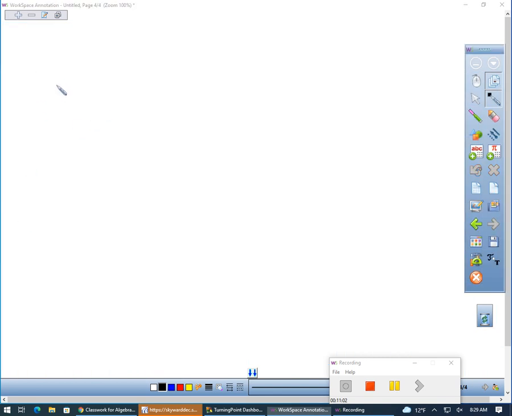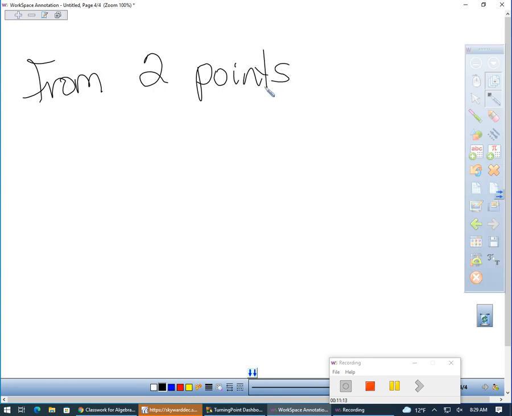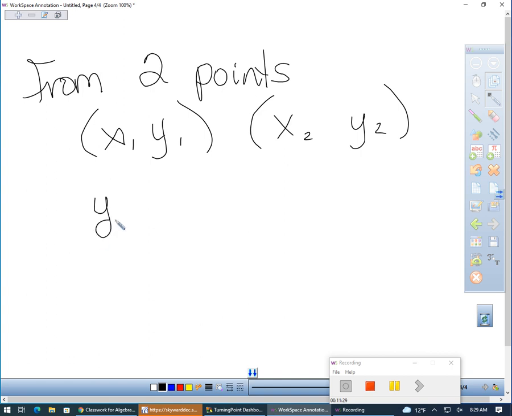So now let's talk about 2 points. When we are finding the rate of change or slope from 2 points, our first point is our x1, y1 point, and our second point is our x2, y2 point. And we use the equation y2 minus y1 over x2 minus x1.